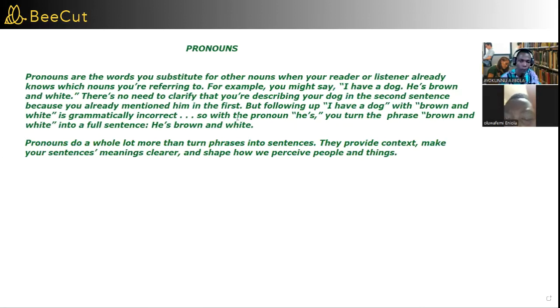So a pronoun turns phrases into sentences, and also it makes sentences become clearer and it's shaping how we perceive different things. Take note of that. So what's a pronoun? Pronouns are short words we swap for other nouns to make our writing and speech faster and more varied.